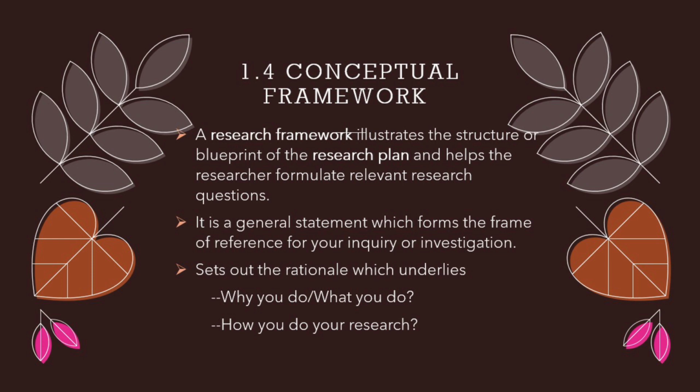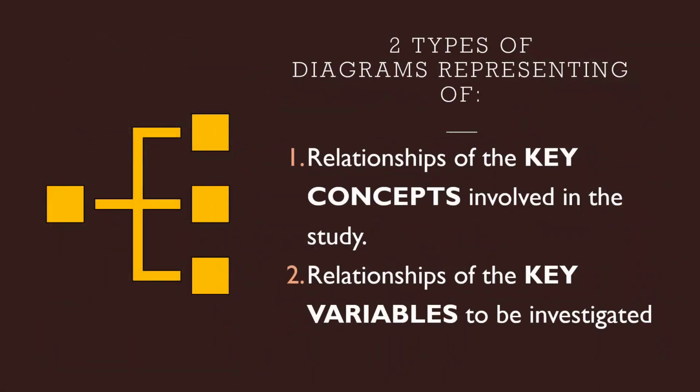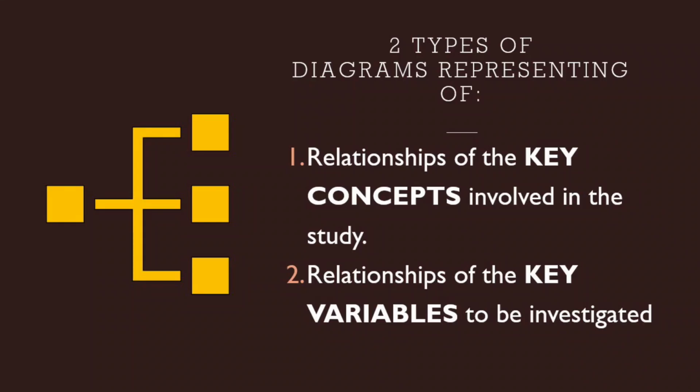Actually, the conceptual framework is a tentative scheme for the research project based on your review of literature. In your readings, you may come across two types of diagrams representing conceptual frameworks. One shows the relationship of the key concepts involved in the study. Another type, the more common one, shows the relationship of the key variables to be investigated.